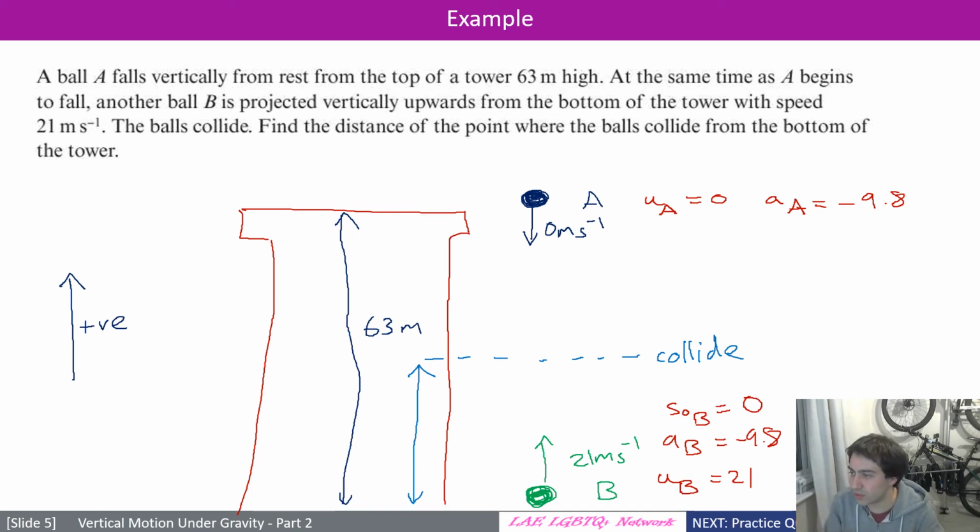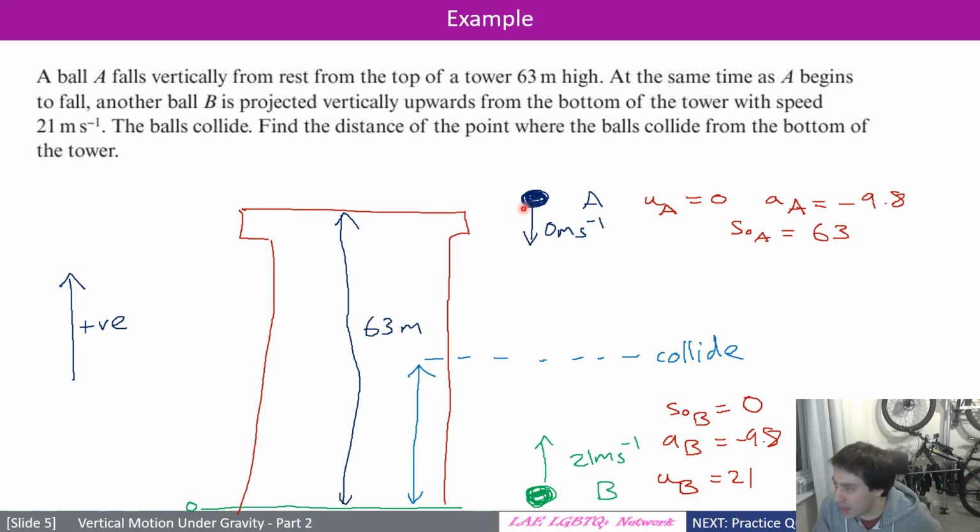Okay, so the ground, the earth on which the tower sits, that's 0. And that's what I've decided. And then for A, we've got an s0 of 63, right? Because its initial displacement is not on the ground, its initial displacement is up here. Okay?